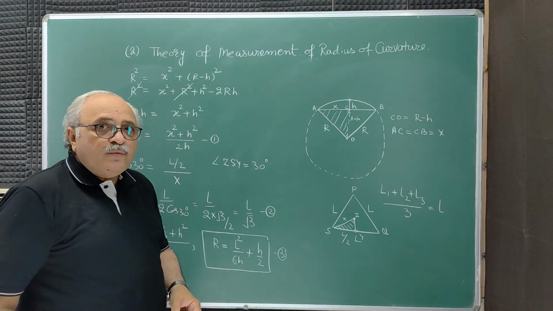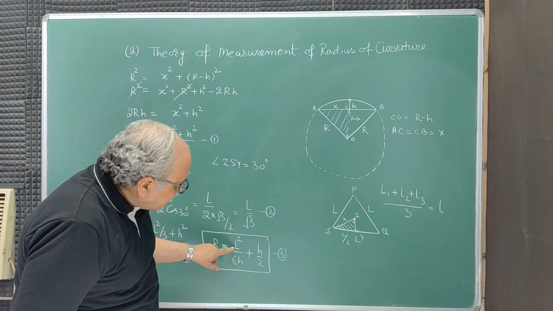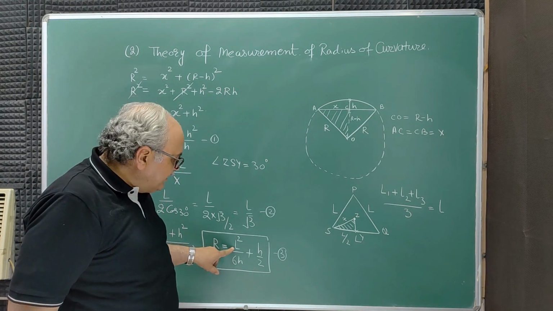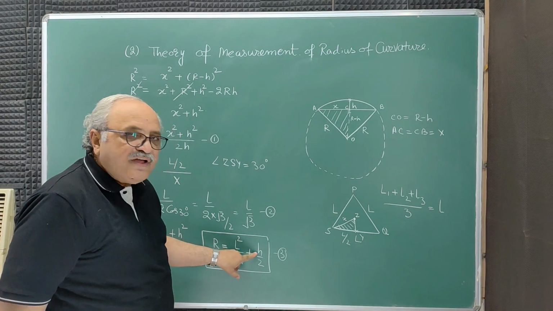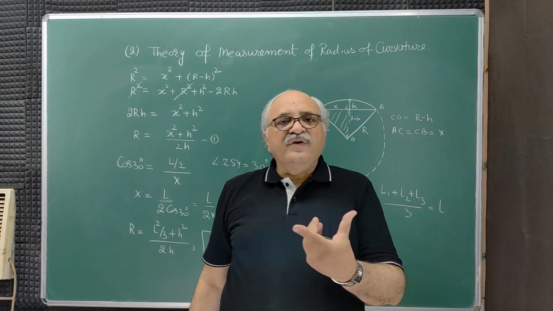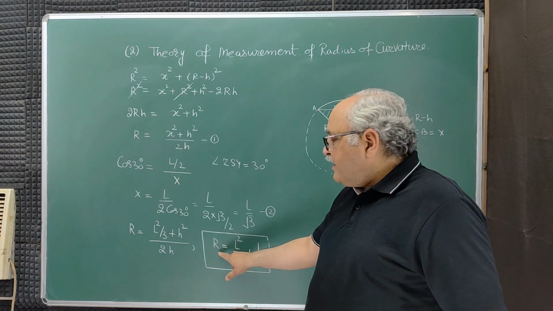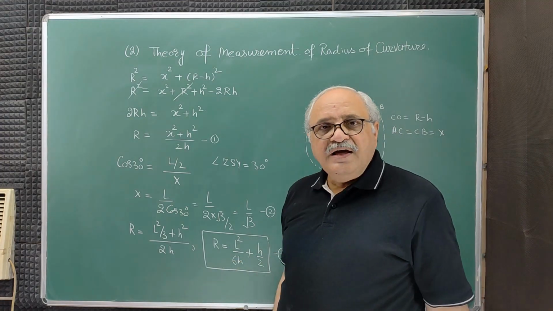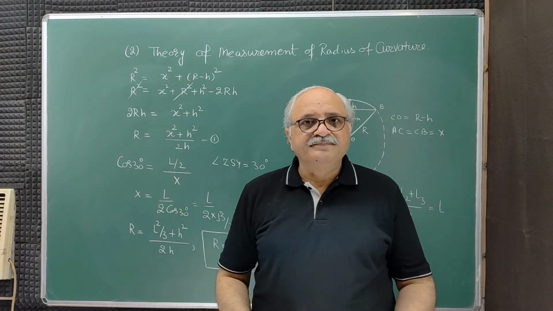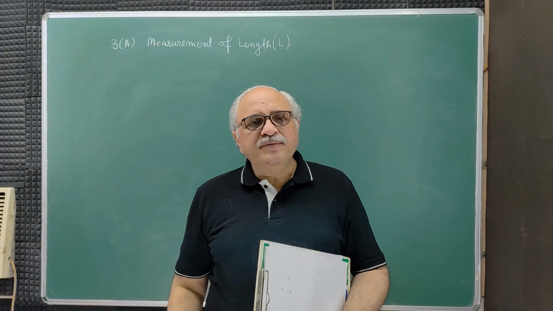So try to understand what I have to get experimentally. Experimentally, I have to determine the value of L. I have to determine the value of h. Once we have these two values, we can put them in this equation and we get the value for the radius of curvature. So students, let's start the experimental observation.